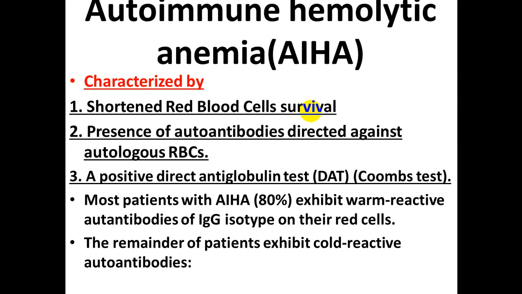Most patients with autoimmune hemolytic anemia exhibit warm reactive antibodies of IgG isotype on their red cells. The remainder of patients exhibit cold reactive autoantibodies.